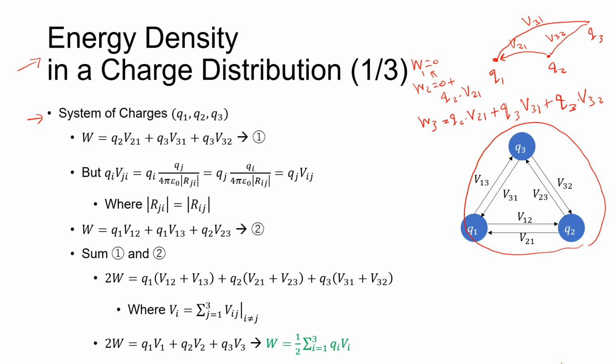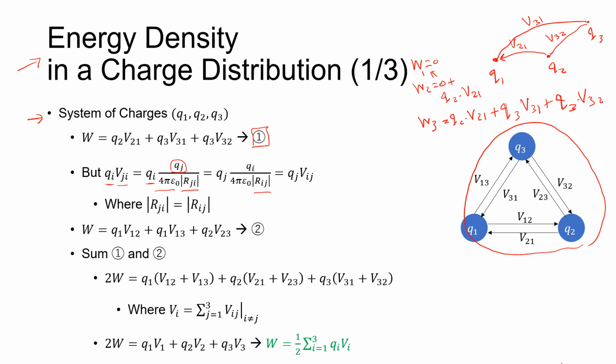This is what I have just discussed, and let's denote this equation as equation 1. If we have a charge Qi and we have voltage Vji, this can be written as the same charge Qi, then we need to look at the other charge which caused the voltage, which is Qj, and divide by 4 pi epsilon naught Rji.